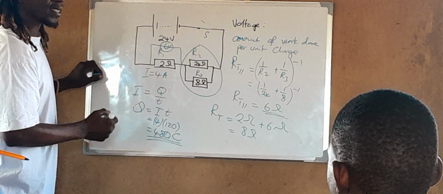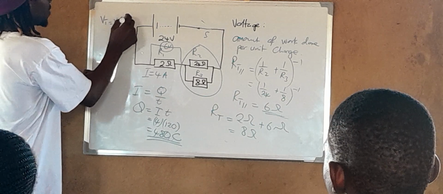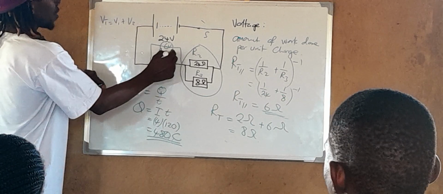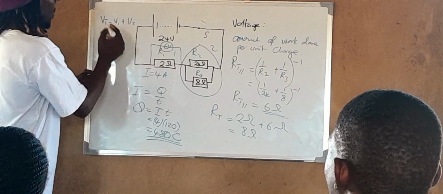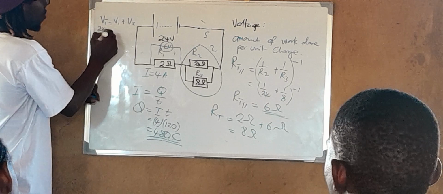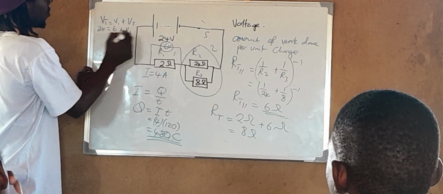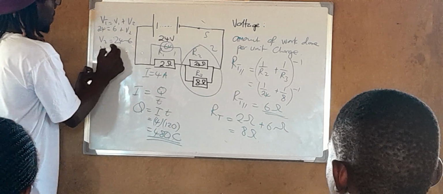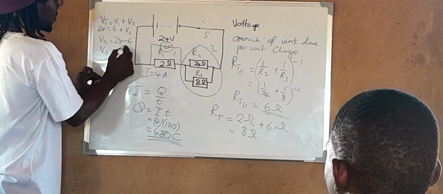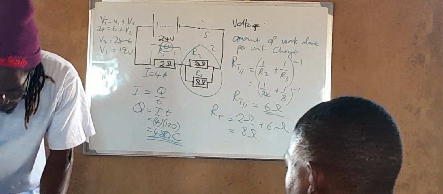So we're going to say voltage total is equal to V1 plus V2, right? So if this one is V1, then the rest will be V2, right? So V total is 24. It's equal to voltage 1, which is 6, plus V2. So V2 equals 24 minus 6, which is 18 volts, right? Okay.